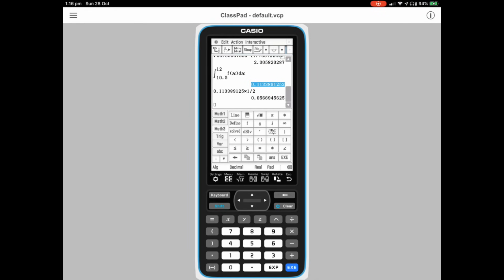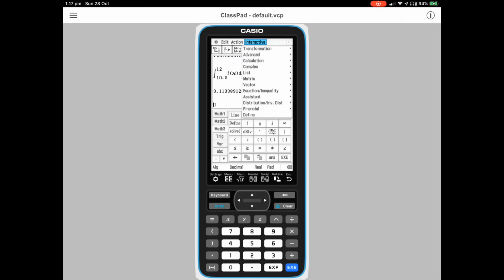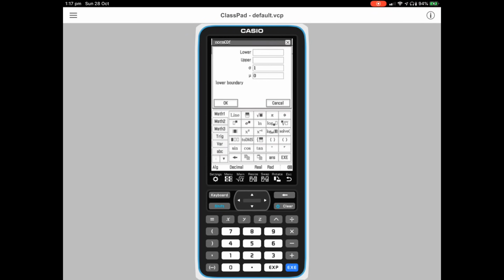So that value there, I just did that times a half. What was the other one? The 0.9772. Where did that come from again? Just use continuous norm CDF, from 10.5 to infinity.